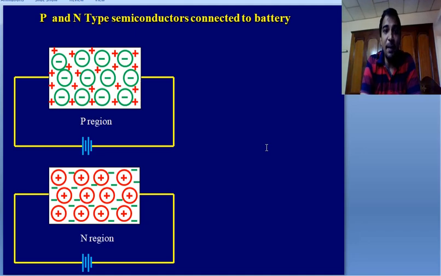P-type and N-type semiconductors connected to a battery. If you give voltage to the P-type or N-type semiconductor, they will pass electricity, right?